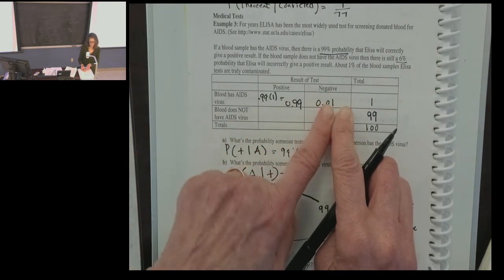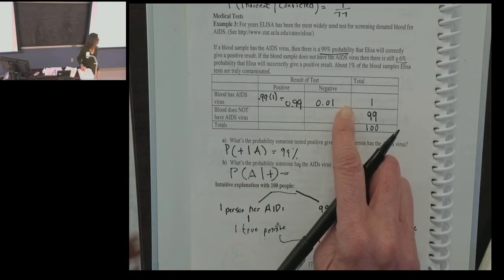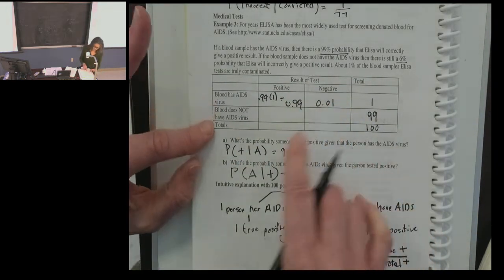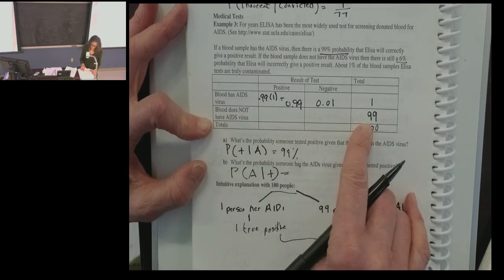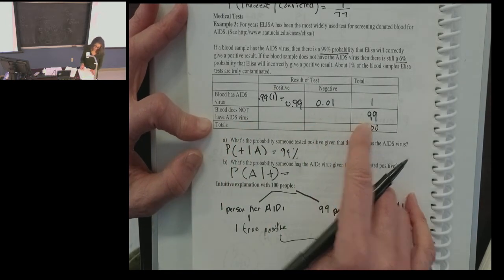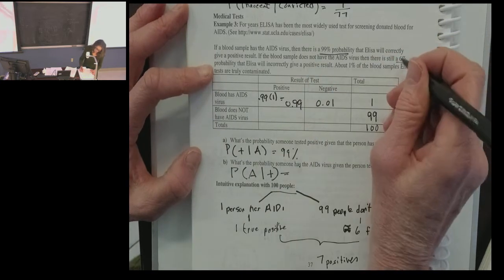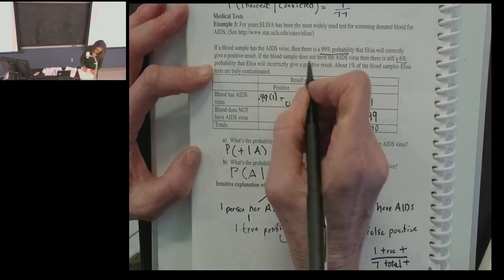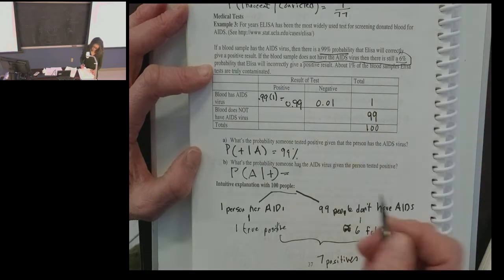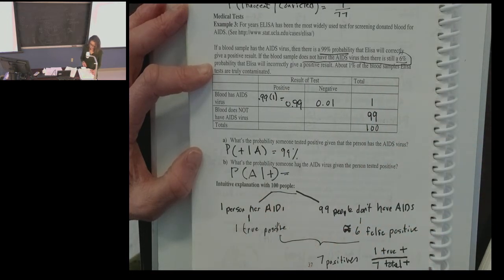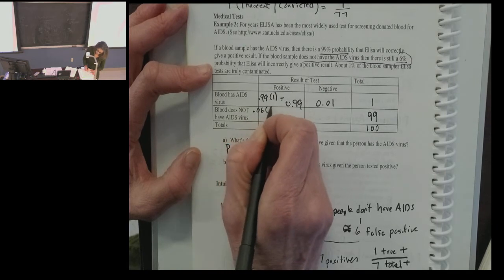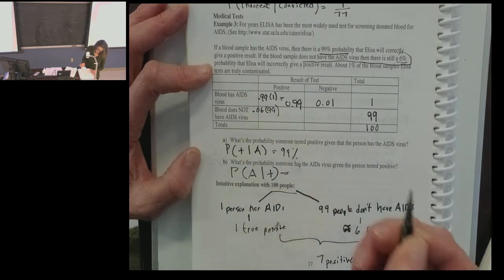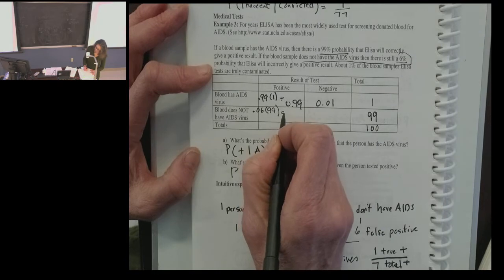Now, the blood does not have AIDS. These are the false positive rates right here: if the sample does not have AIDS, this is 6%. So the 6% false positives are right here, 6% of 99. We called it 6, but it's actually a tiny bit less.